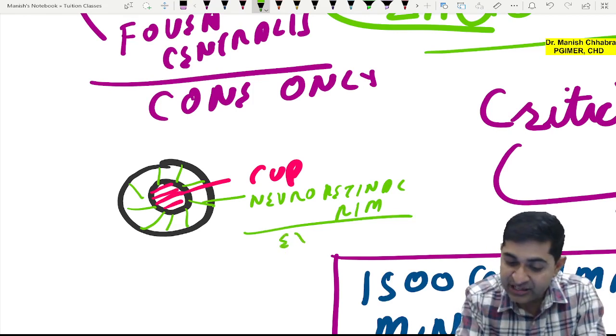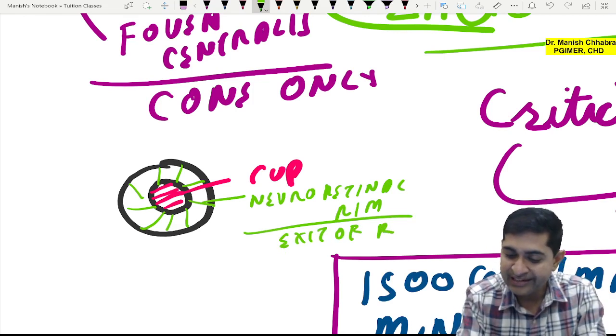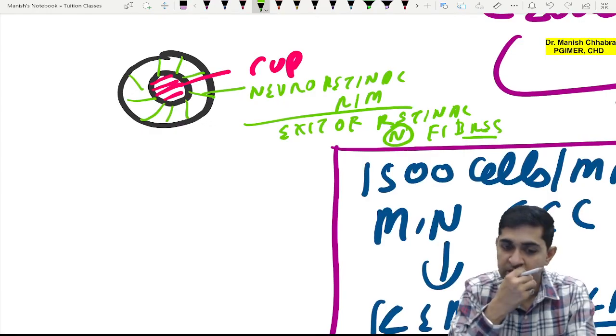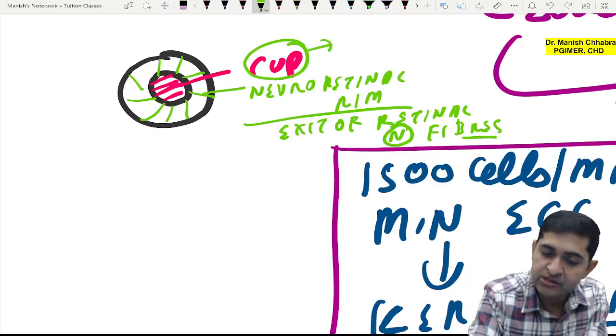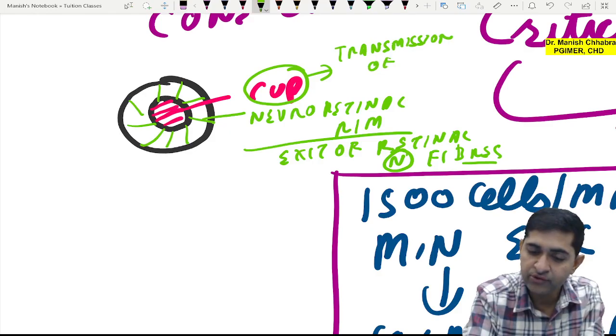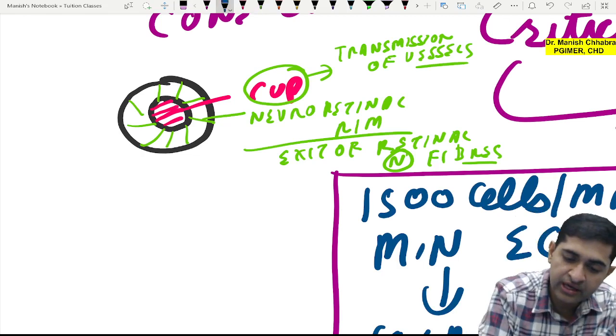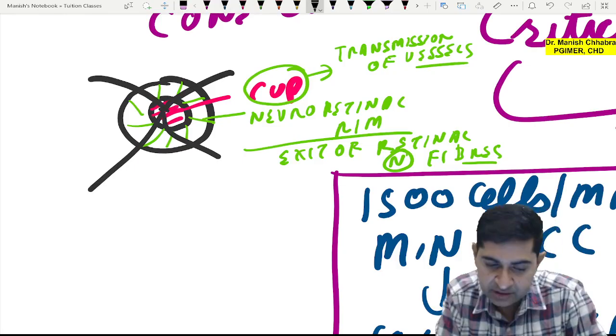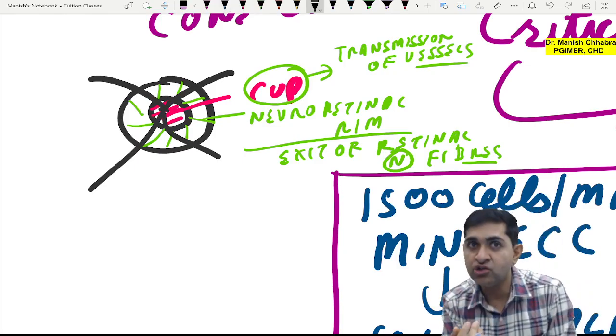It is the exit of retinal nerve fibers, while cup is the transmission of vessels. Okay, so they arise like this.